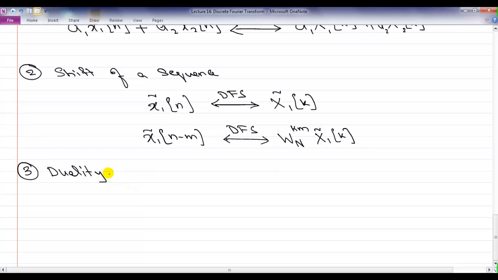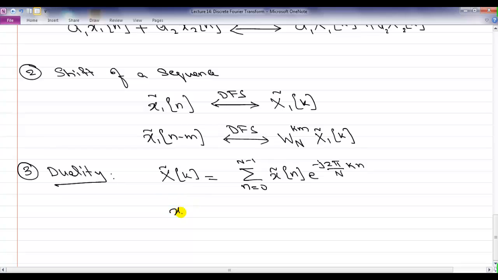Let me remind you of them: we have x tilde of k equal to summation n 0 to n minus 1 x tilde of n e to the minus j 2 pi over n kn, and x tilde of n is simply 1 over n times the summation k equal to 0 to n minus 1 x tilde of k e to the j 2 pi over n kn.